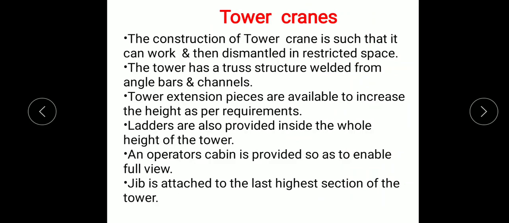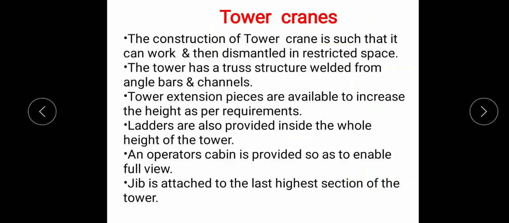The tower has a truss structure which is welded from angle bars and channels. Tower extension pieces are available to increase the height as per the requirement. So after attaching one piece to another, we can increase the length of the tower crane.